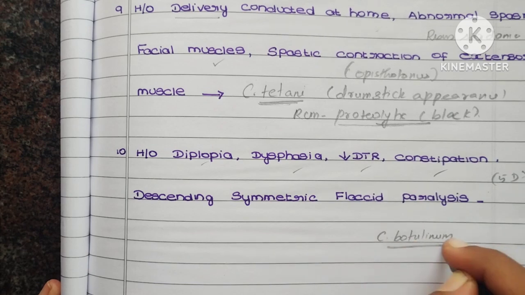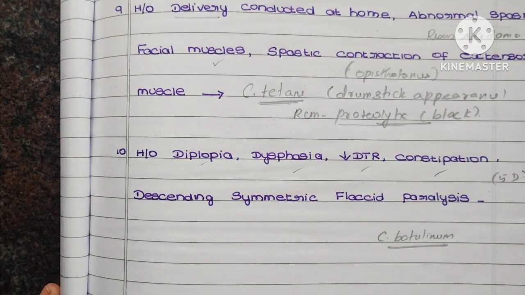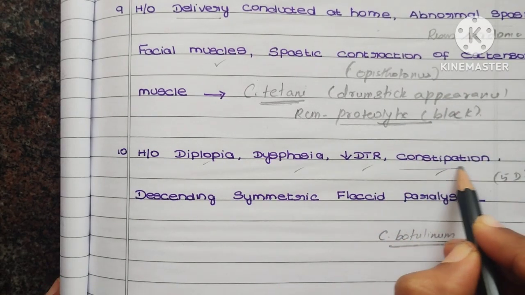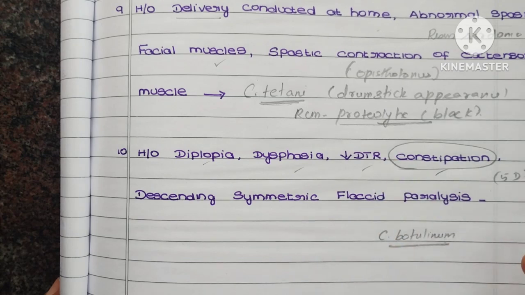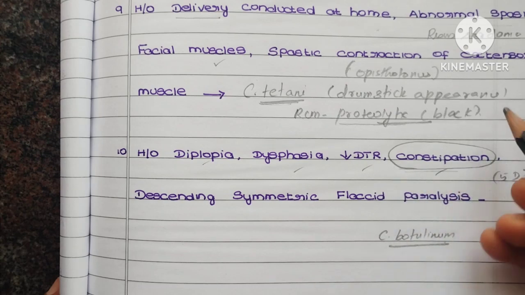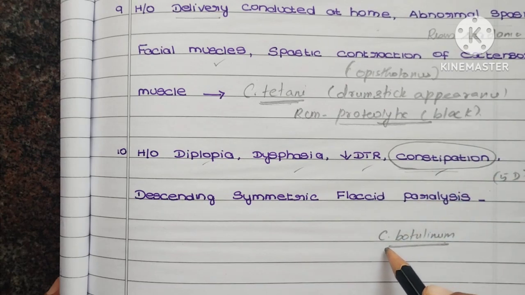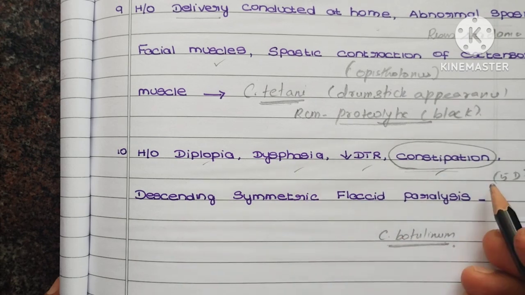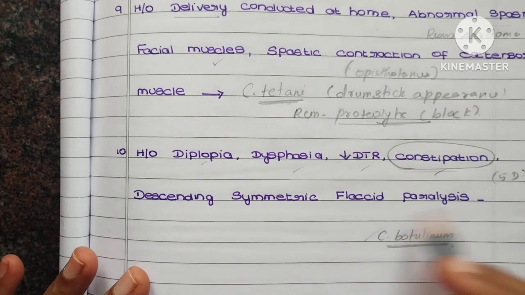Friends, you want to remember that this is the only food poisoning which usually causes constipation. Generally all food poisoning manifests with diarrhea, right? But here there won't be diarrhea; instead there will be constipation. So remember that the causative agent here is Clostridium botulinum. If you come across this point, you can make out it is a Clostridium.